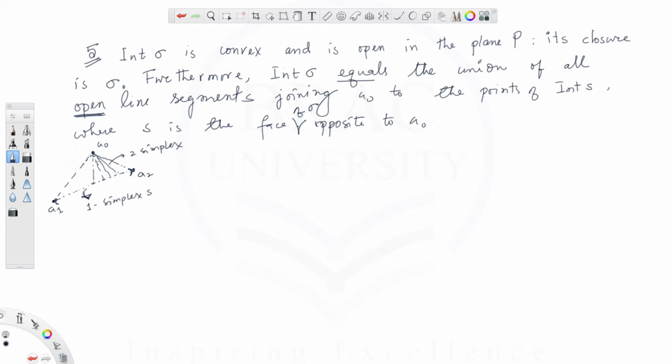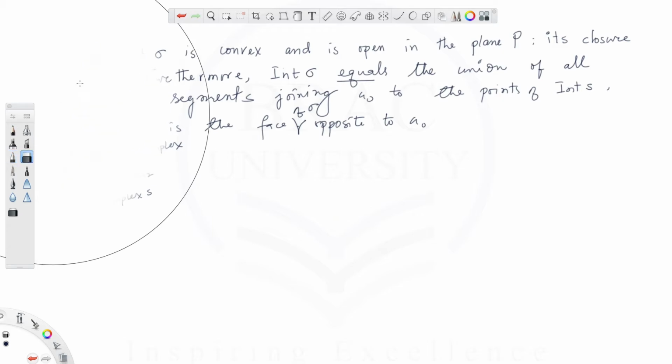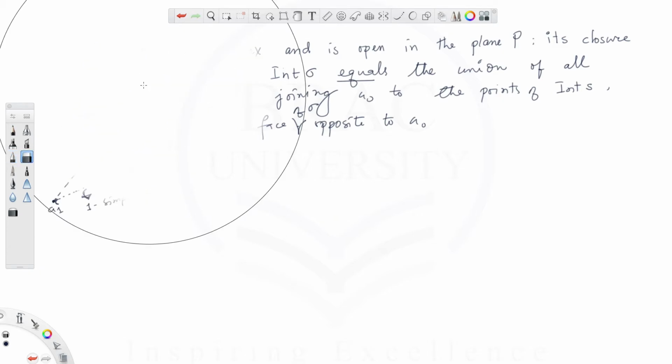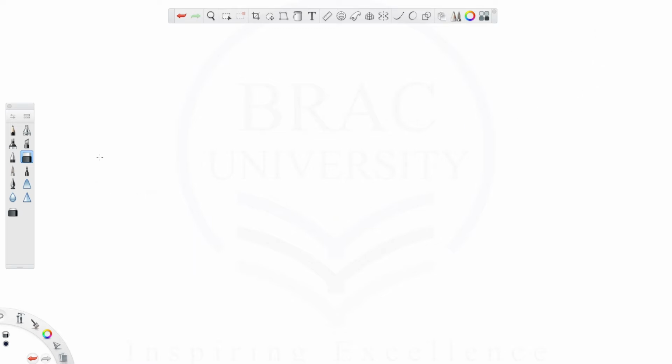Okay, so now we need to list a few known facts about R to the n, the Euclidean space.